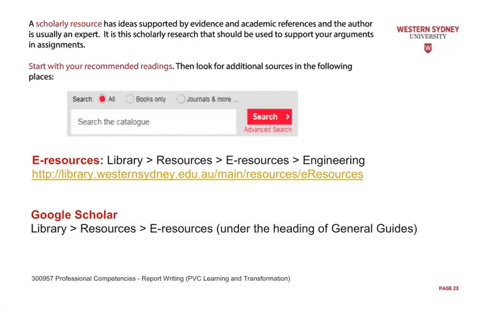Then you will look for additional sources in the following places, such as the e-resources in the library website. Go to Library, Resources, e-resources, then Engineering, and you should find tons of articles there. Another powerful tool is Google Scholar. You will be able to search for keywords and find many articles through Google Scholar.